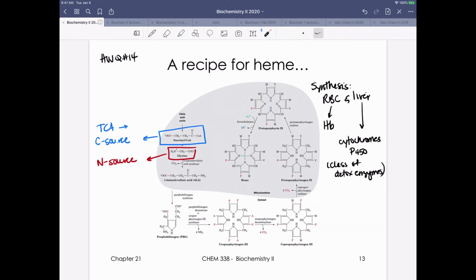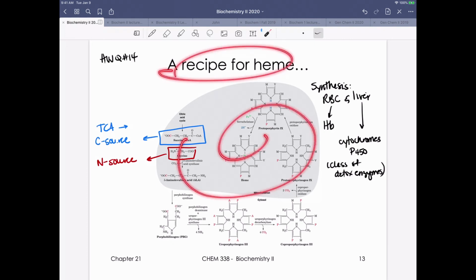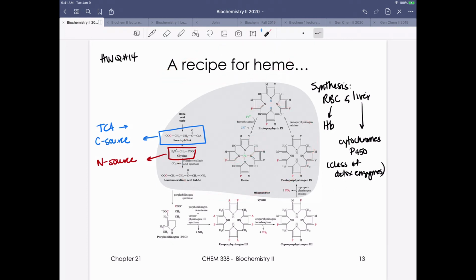All right, so a few other little stories here just to wrap up our discussion on proteins. Let's talk about heme. When I say a recipe for heme, I don't want you to be able to repeat anything that we see here, but I do want you to know that the sources of our carbon atoms and our nitrogen atoms are familiar pieces.